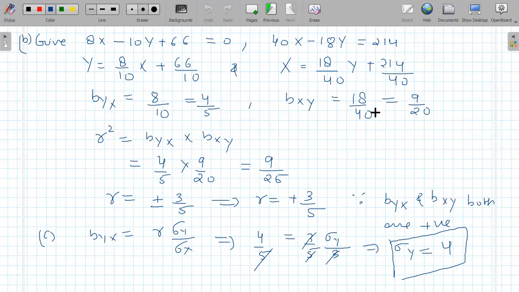Okay, you may be thinking why we have not written this equation as y is equal to mx plus c and this equation as x is equal to my plus c.